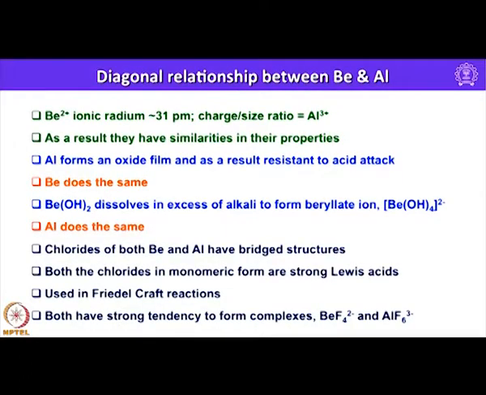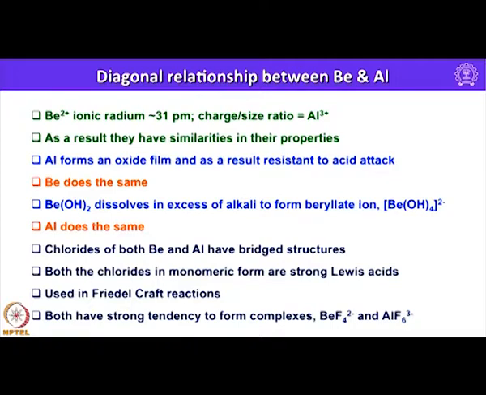Okay. So, let us look into the diagonal relationship between beryllium and aluminum. In fact, beryllium has more resemblance to aluminum rather than calcium or magnesium. Beryllium 2 plus ionic radius, if you look into it, it is 31 picometer, and charge to size ratio is quite high, and that is comparable to Al 3 plus ion. As a result, they have very similar properties and also reactivity.